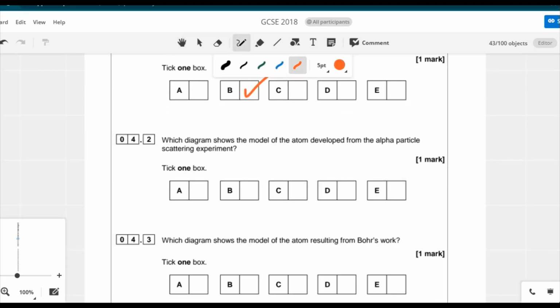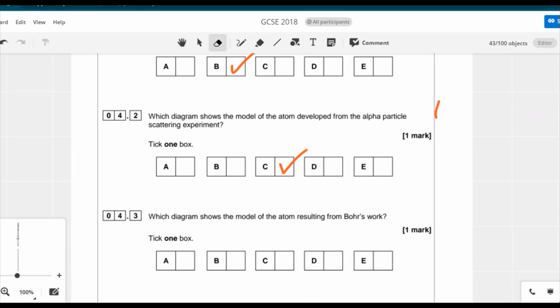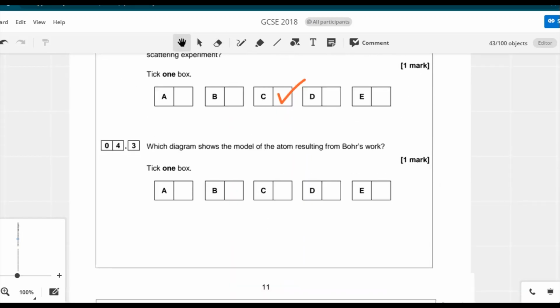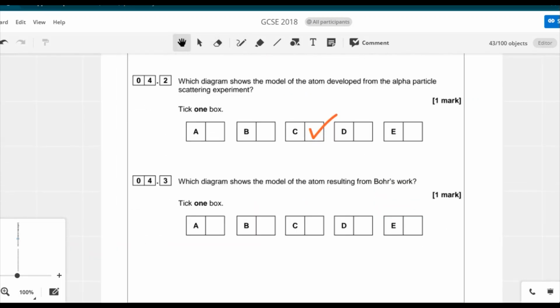So the answer will be C. Next question: which diagram shows the model of the atom resulting from Bohr's work? Bohr's work is the representation of shells and orbits, and that is A. So the answer will be A.